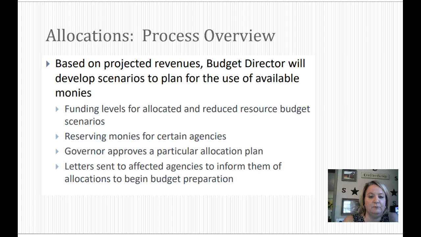And based on projected revenues, the budget director will develop scenarios to plan for the use of available monies. We do not generate revenue, so we are not part of those affected agencies. We only generate expense of those agencies.